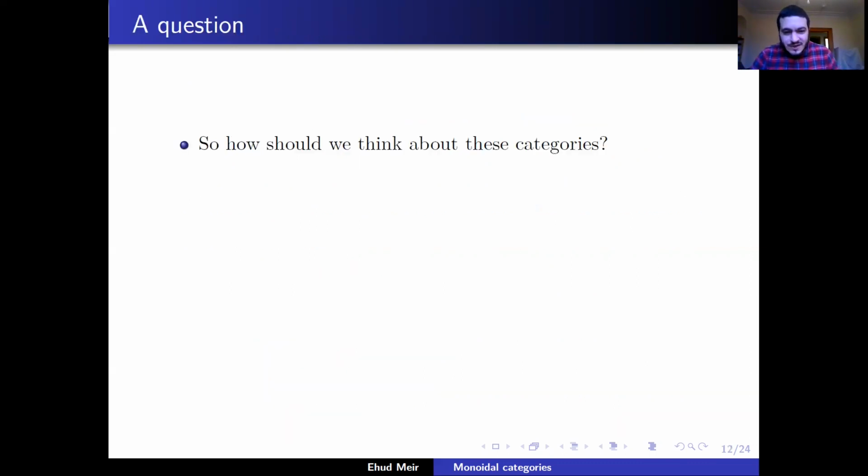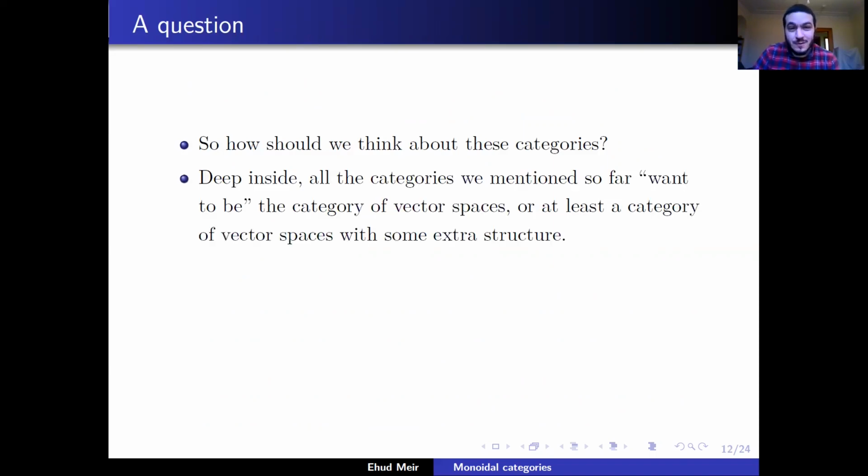Okay, so how should we think about all these categories? Deep inside, all the categories we mentioned so far want to be, in a way, the category of vector spaces, or at least a category of vector spaces with some extra structure, like an action of a group, an action of a Hopf algebra, a grading by a group, and so on.